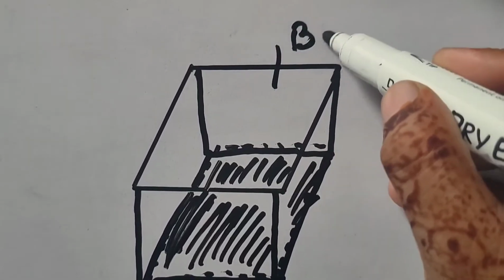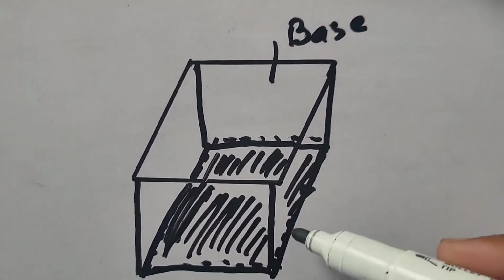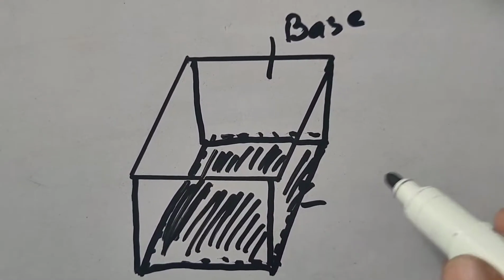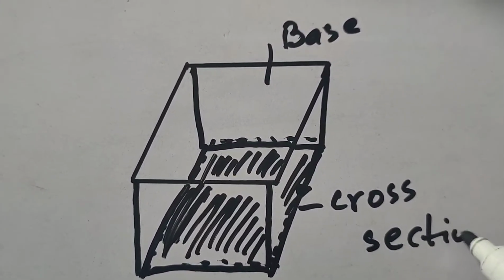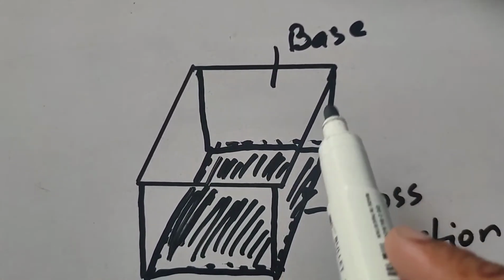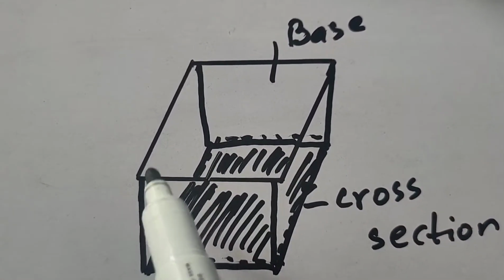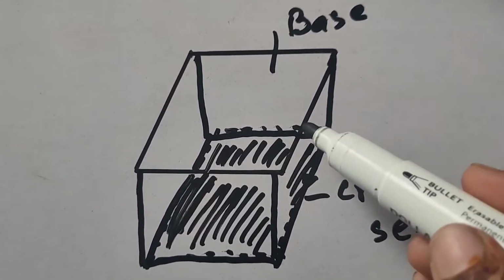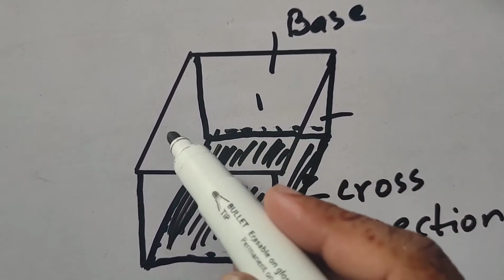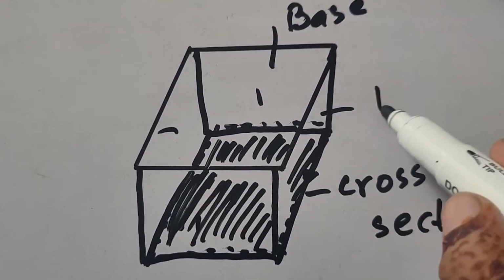This is the base, right? And the identical piece of this base is called the cross section. That is, the length and breadth of this base are similar to this cross section. And these faces are the lateral faces, right? These are the 4 lateral faces.